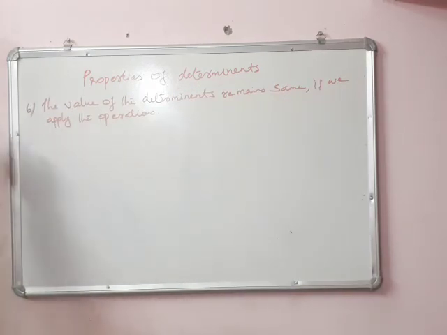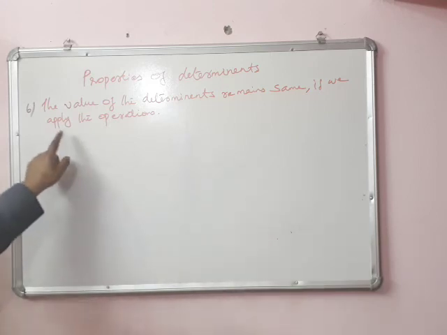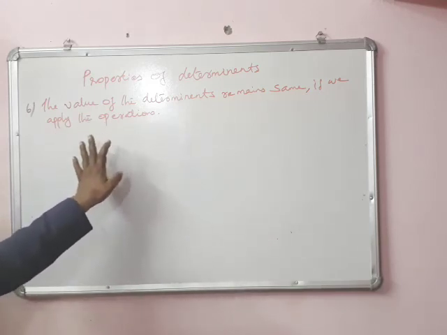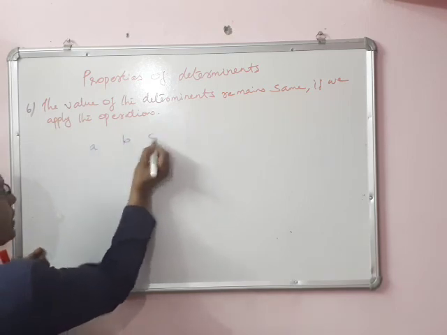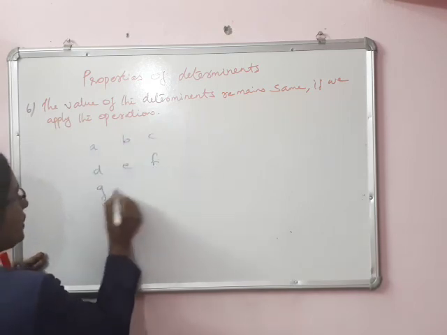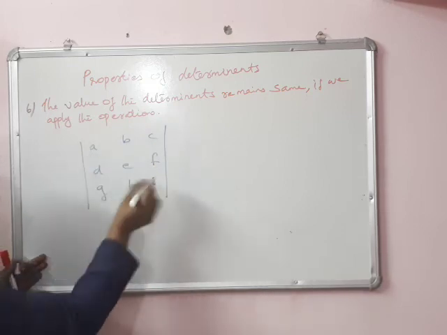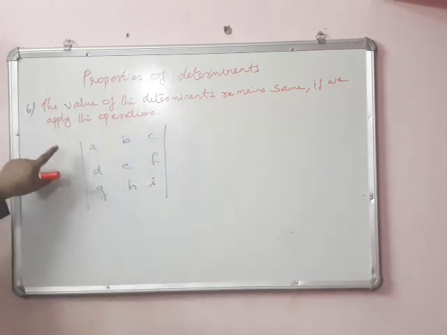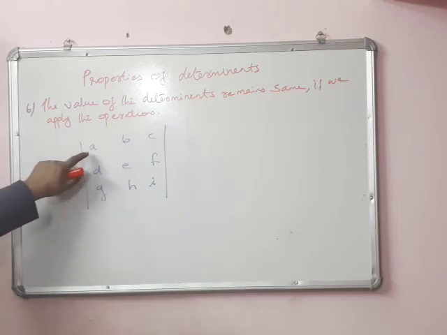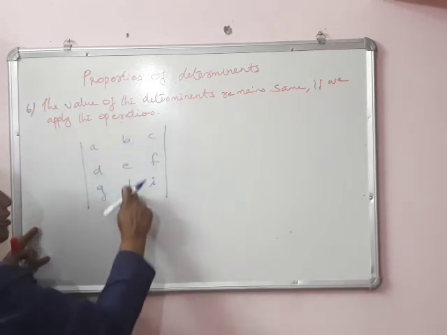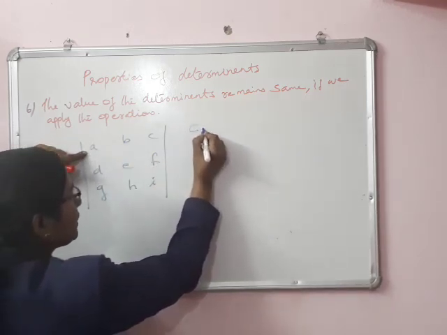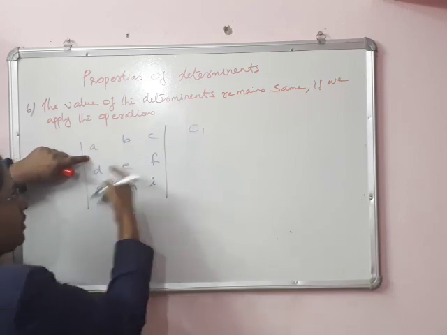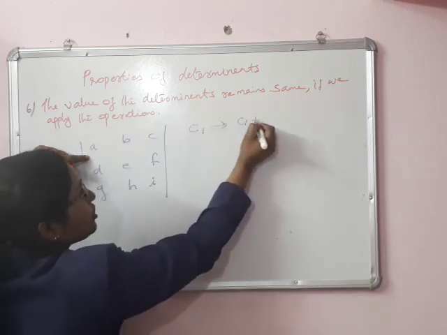The value of the determinant remains the same if we apply row or column operations. Suppose A B C, D E F, G H I is a determinant. If this is the first column, this is the second column, this is the third column, I will change the first column, C1, as C1 plus C2.